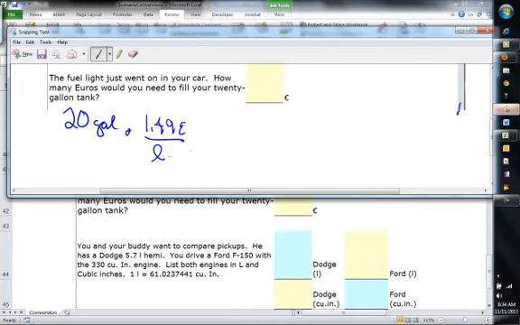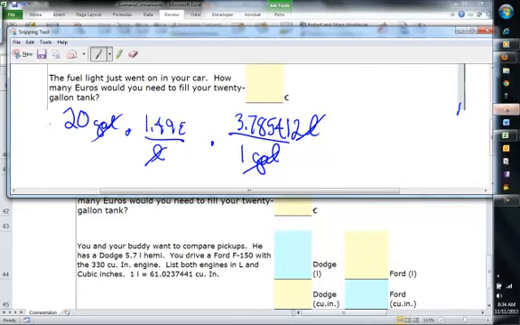That's per liter though. So we have to get 1 gallon is 3.785412 liters. Now we can cancel liters and gallons both.